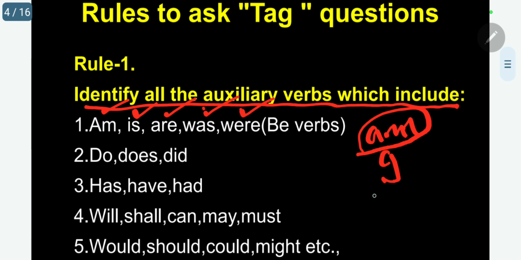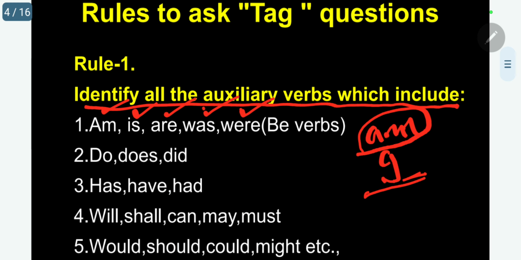Another most important point: even though I is a singular personal pronoun, when you go for other auxiliary verbs, it will not use a singular verb, it will use a plural verb. For example, I do, I have, I will, I would. Even though it is singular, please follow this. This information will not be given in any grammar book.